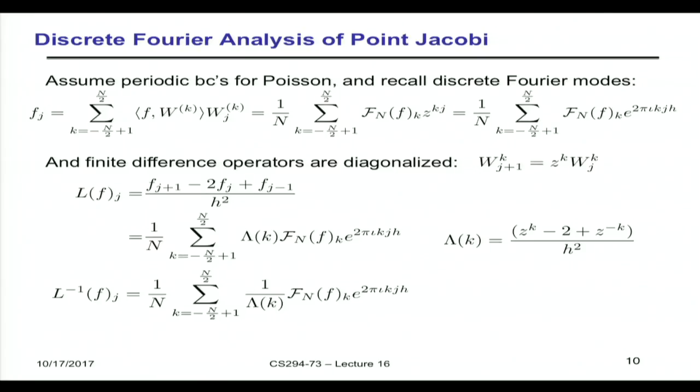And this z to the kj is e to the 2 pi i h to the kj. So each of these effectively represents a grid wave mode. Multiply it by k, the wave number, to get the oscillatory nature of it. And j effectively is a shift for the location of that Fourier mode in real space.